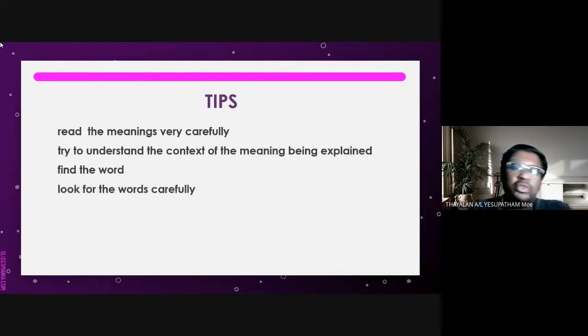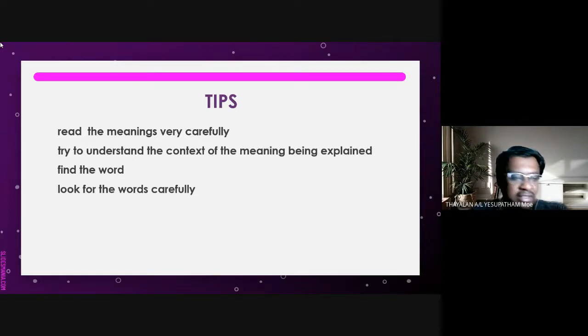Now, moving on to tips. What should you do? Read the meanings very carefully. You need to take into account every single word. And then try to understand the context of the meaning being explained. What is the context of the meaning? We have meanings now.